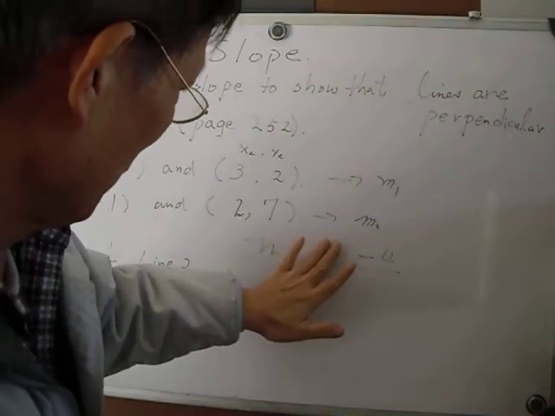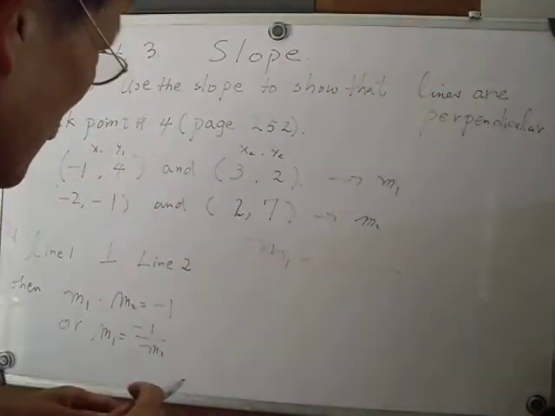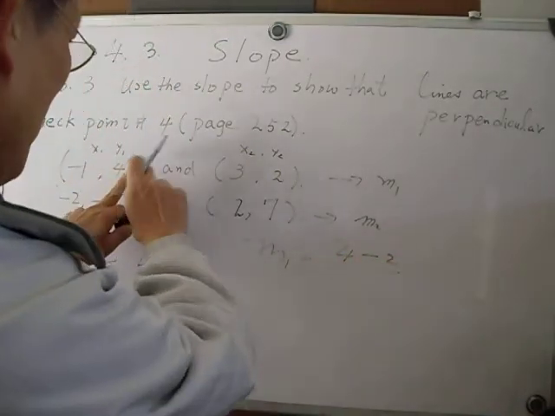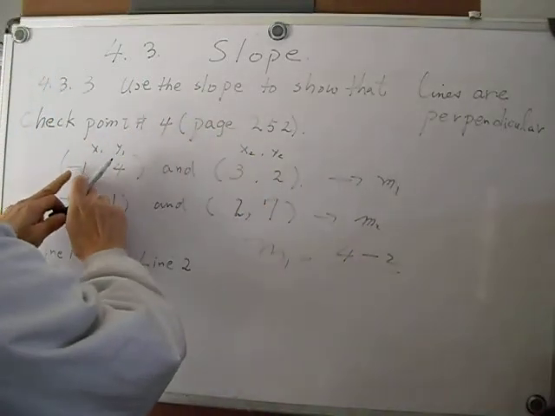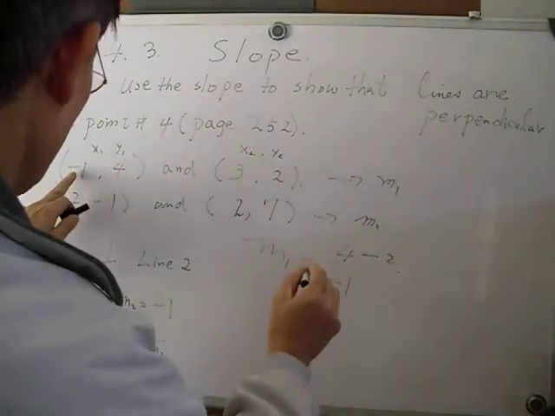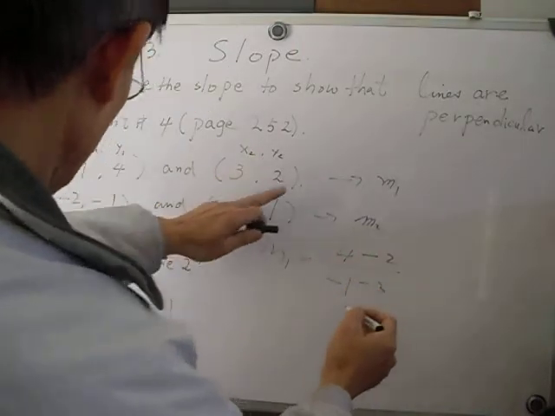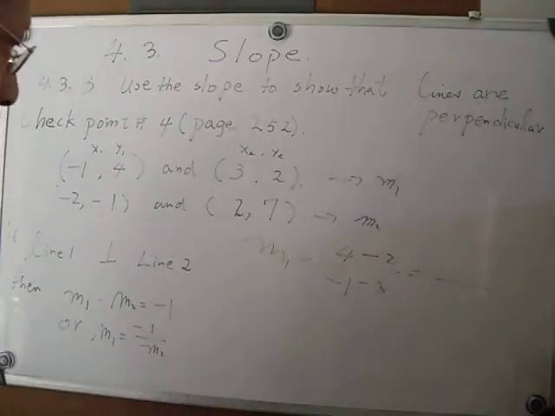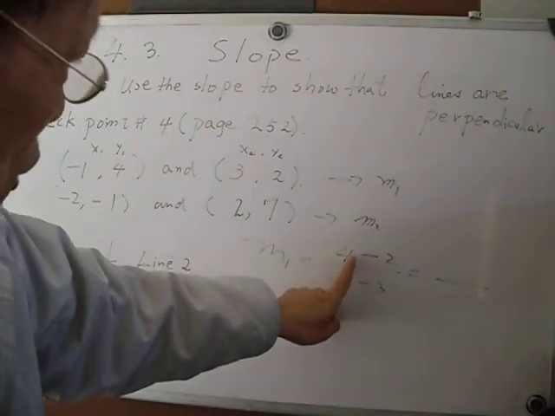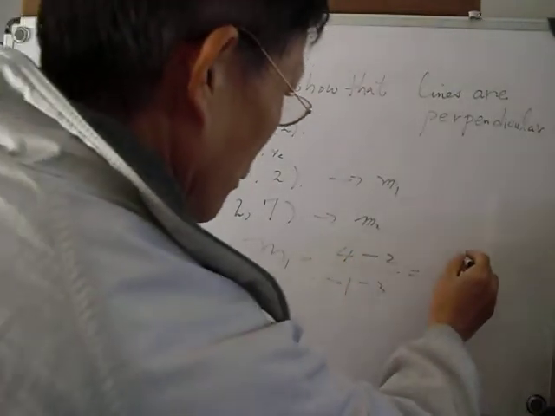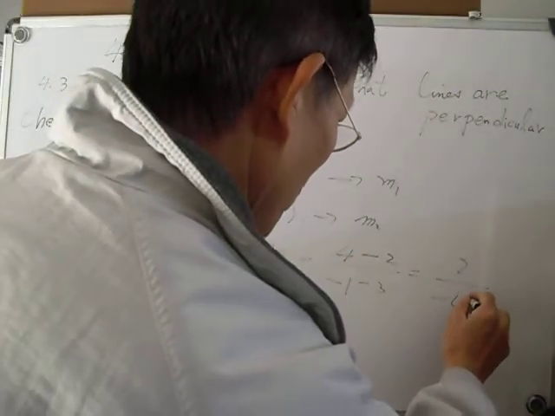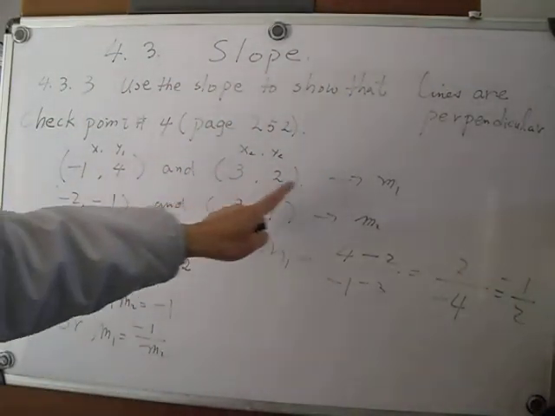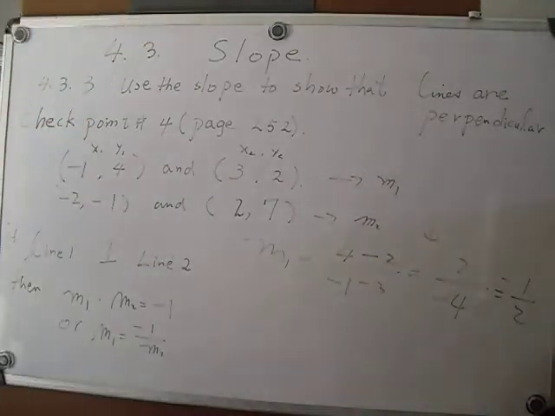This time using 4, this one is the second point, 4 subtract 2, and then -1, second point, -1 subtract 3. Doing it this way will be equivalent to that way. This is the slope, numerator reduced to 2, denominator reduced to -4. That's -1/2. The first line has a slope of -1/2.